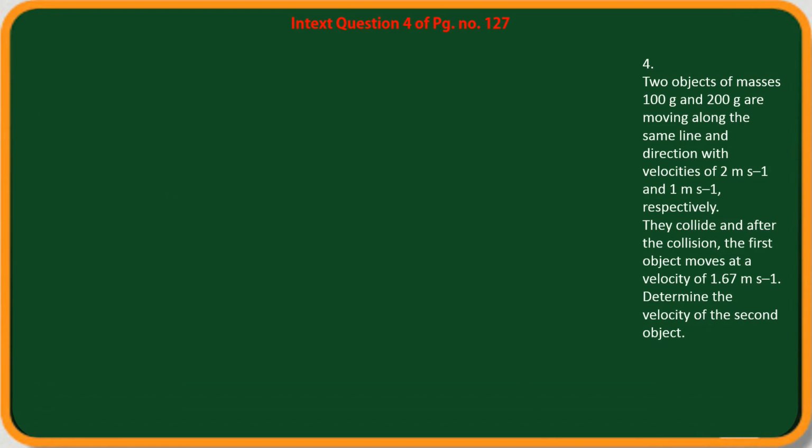Page number 127. Here the question is: two objects of mass 100 gram and 200 gram are moving along the same line. Here are the two masses, so we will say M1 and M2. M1 is 100 gram.